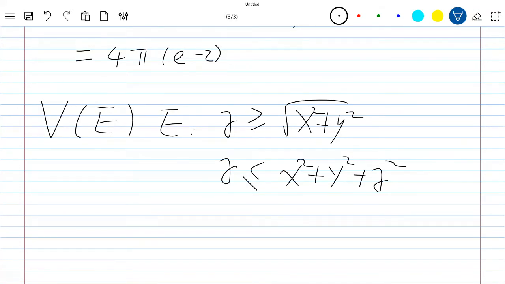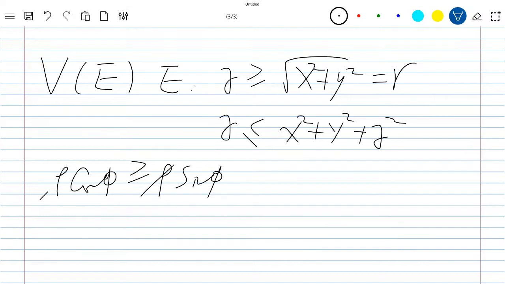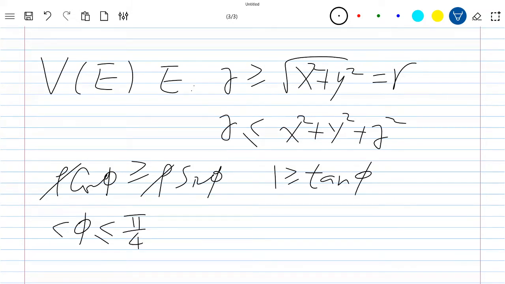Okay, so let's see if we can convert this into spherical coordinates. Alright, this one equals r, right? So you can see we have rho times cosine phi is greater than or equal to rho times sine phi. Well, then you can cancel the rho. So you can divide by that, and you get tangent phi is less than or equal to 1. And what does that mean? It means phi is less than or equal to pi over 4. And of course phi is greater than or equal to 0. So that's the range for phi.